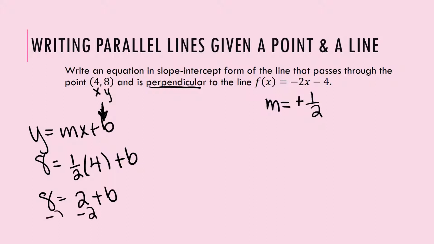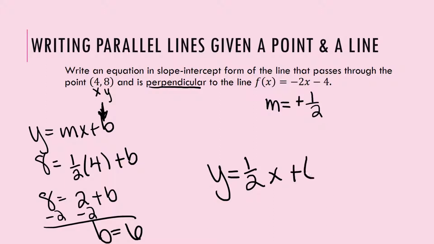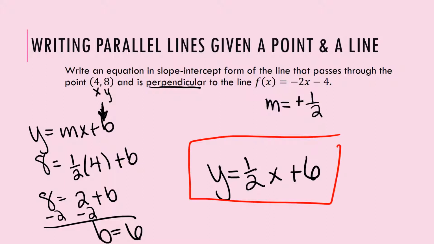In order to get b alone, subtract 2, and b is 6. So that means that my final answer is going to be y is equal to 1/2 x plus 6. Because my final answer needs to be an equation of a line. It's not good enough to find just m and b. I want the actual equation of the line in slope-intercept form, which is y equals mx plus b.